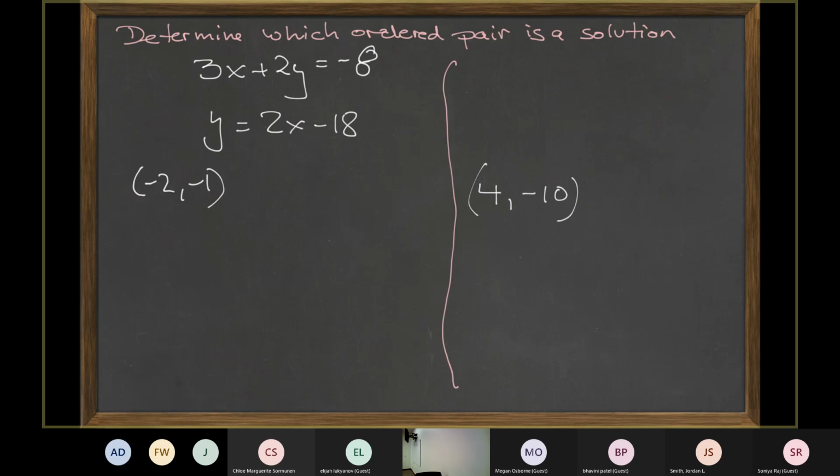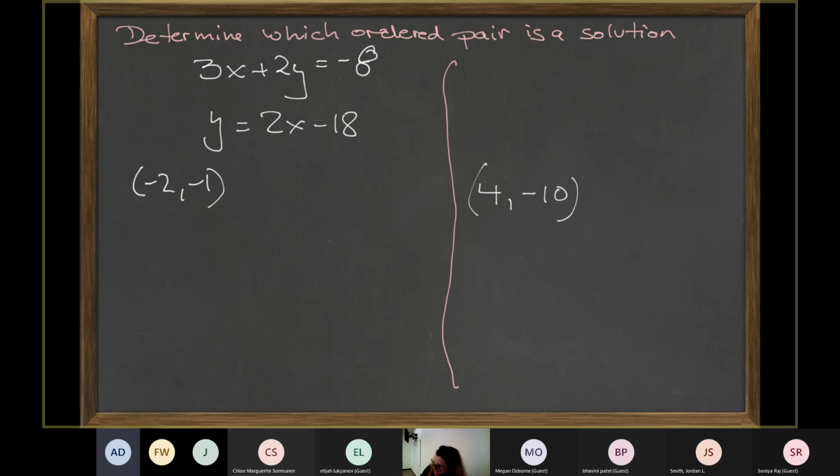And there are 2 points that I want you to plug in, separately, of course. We have to make sure that the first point, (-2, -1), is true for both of the equations. If one equation is a no, then both of them are no. So let's plug it in and see which one works.